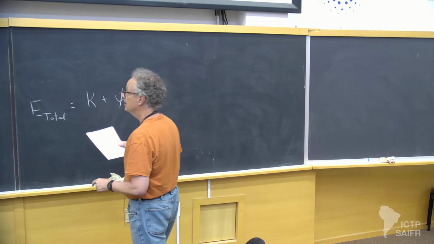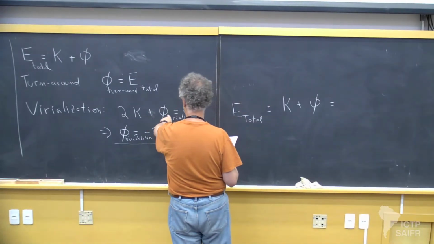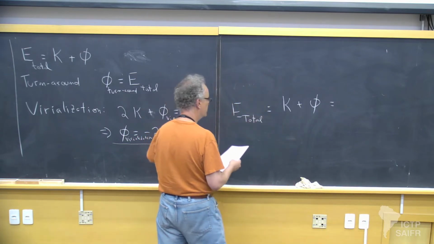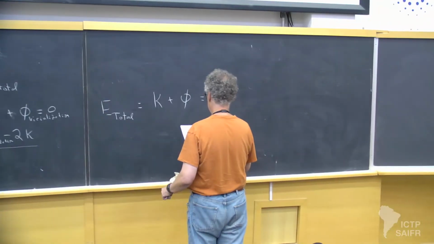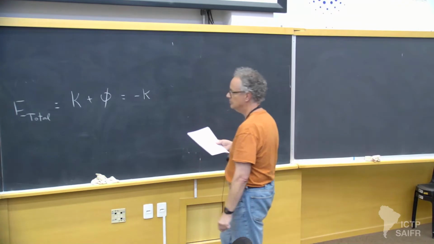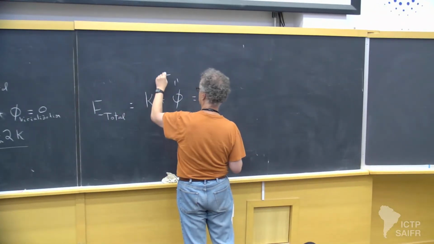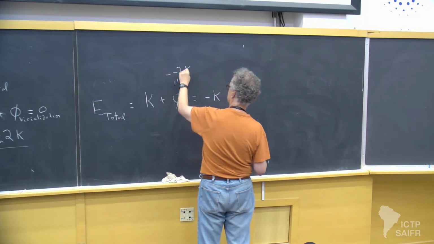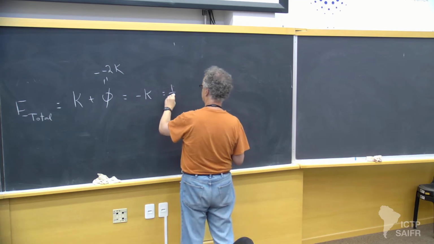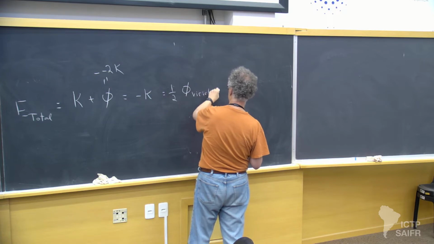I can use the fact that 2K plus phi equals 0 at virialization, so phi is minus 2K, and write this as minus K. So I just use that phi equals minus 2K. So this is minus K, but this is also 1/2 of phi at virialization.